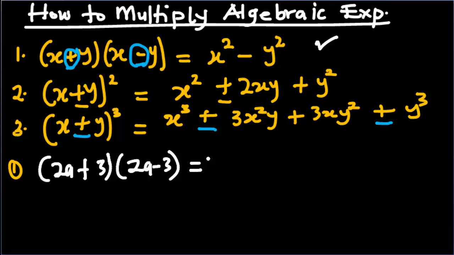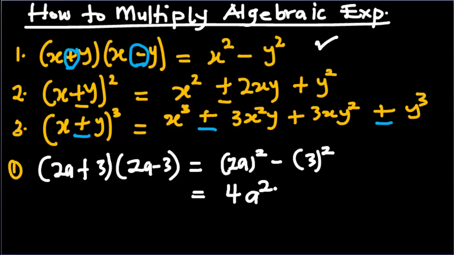So we square the x, which is 2a, and we square the y, which is 3. So we have (2a) squared minus 3 squared. When you tidy up, you have 4a squared minus 9, which is your answer.